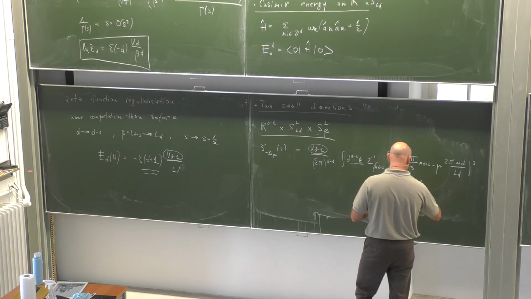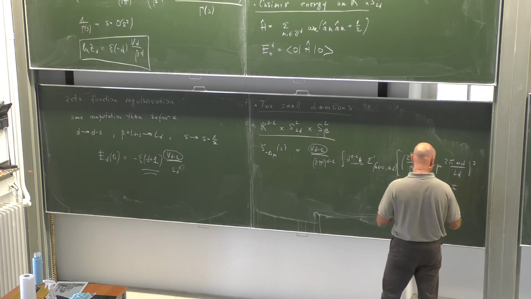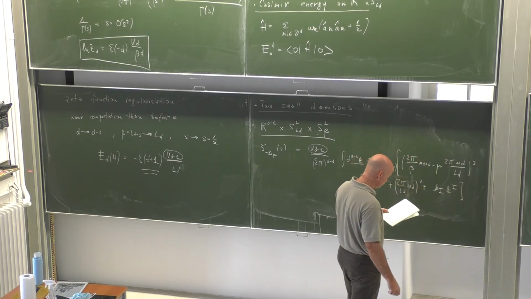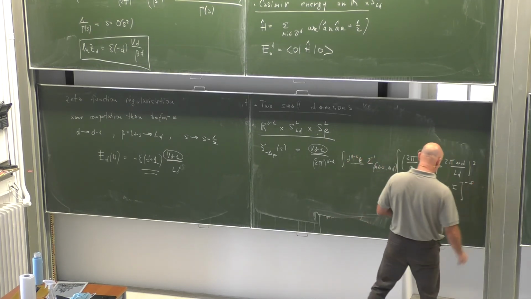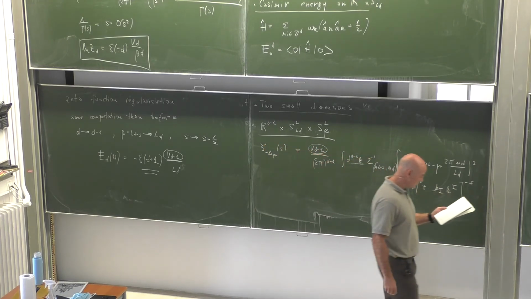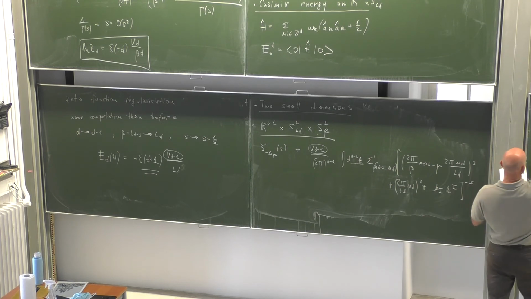N over L_D squared plus the large remaining directions, and i runs from 1 to d minus 1, the whole thing to the power s. And then you repeat the computation of the partition function, and in that case, you are going to find the following thing.